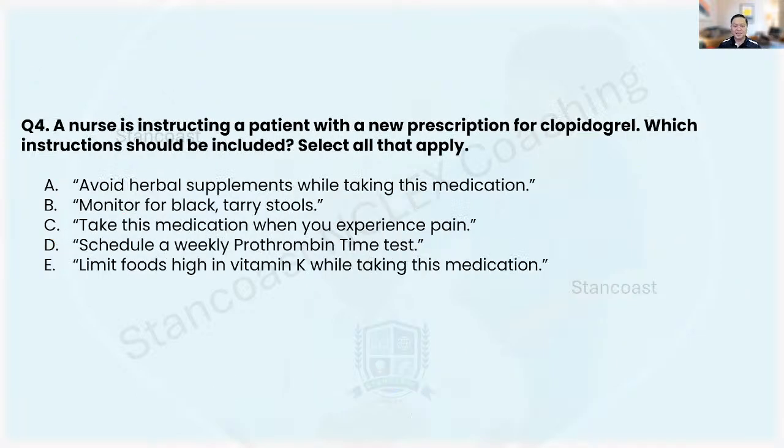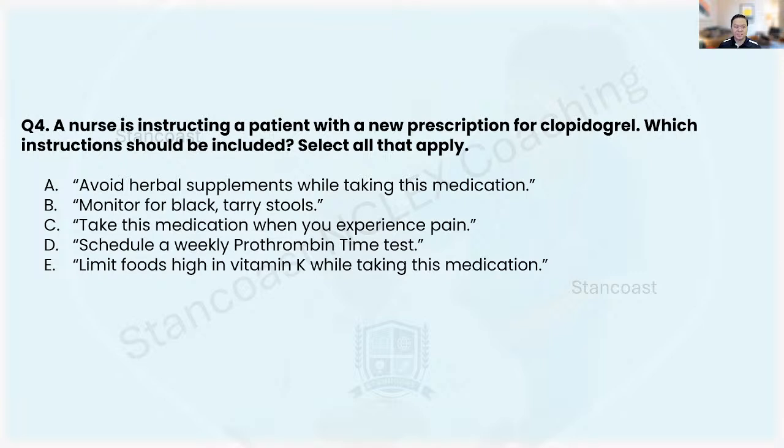A nurse is instructing a patient with a new prescription for clopidogrel, a P2Y12 platelet inhibitor. Which instructions should the nurse include? Select all that apply. Again, you are the nurse instructing the patient with a new prescription for Plavix or clopidogrel. What instructions should you include in the teaching?